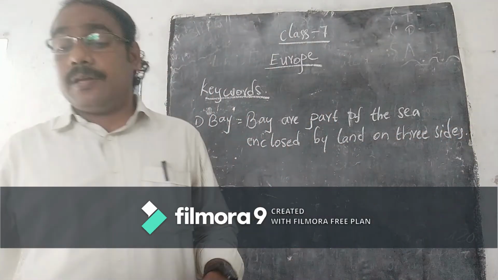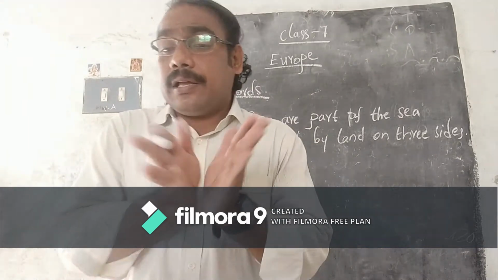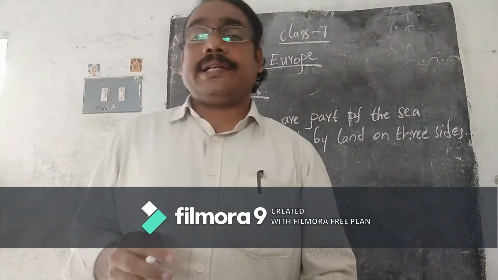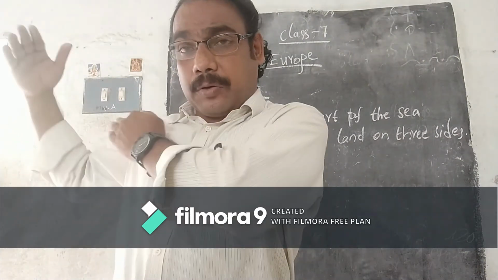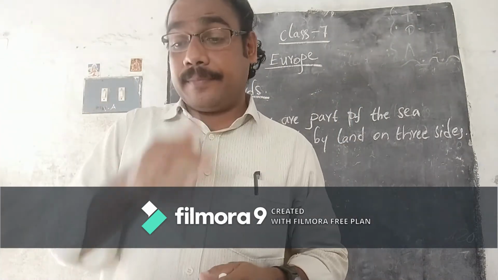Example you can give Bay of Bengal. And the fourth side will usually be a more inward side. Current, already you know, along with tides and waves: movement of water in a particular direction in heavy streams. That is current.